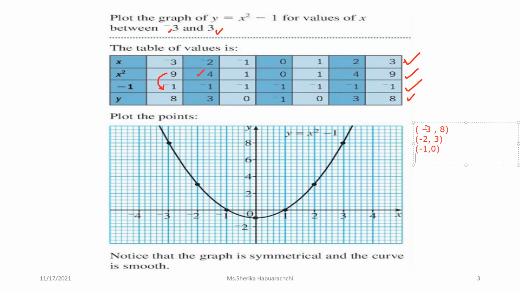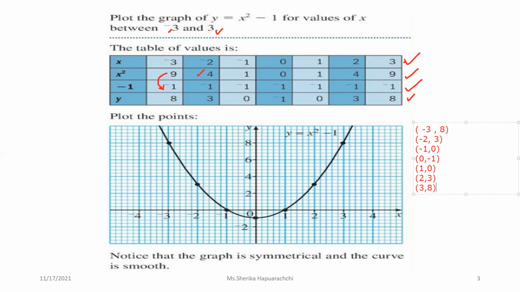My fourth coordinate, 0, -1. My next coordinate, 1, 0. Then I will get 2, 3. And finally, I will get 3, 8.